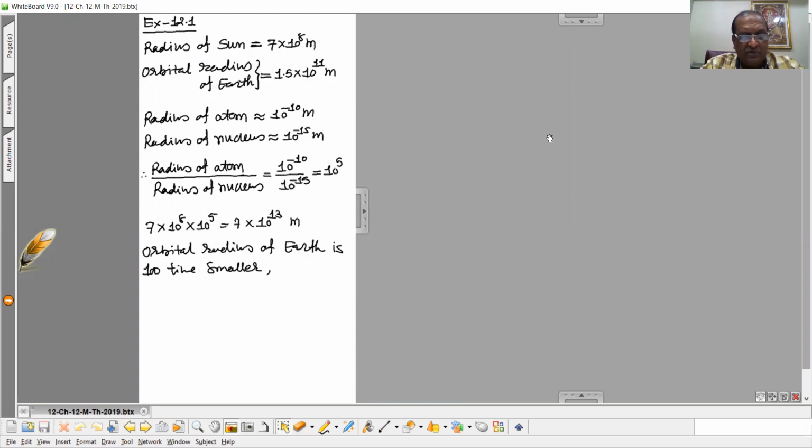If the dimensions of the solar system had the same proportions as those of the atom, would the Earth be closer to or farther away from the Sun than it actually is? The radius of Earth's orbit is about 1.5 into 10 raised to 11 meter. The radius of the Sun is taken as 7 into 10 raised to 8 meter.